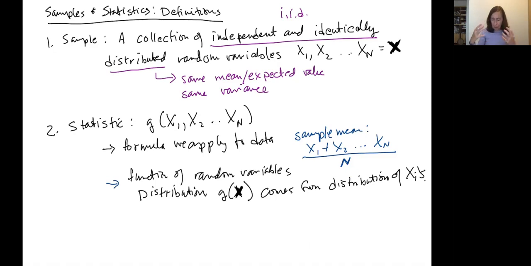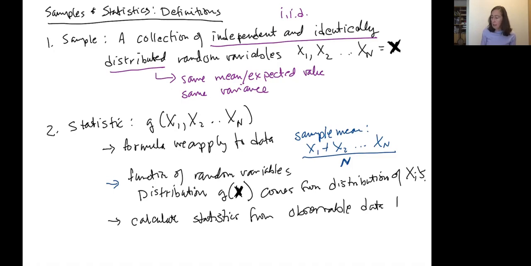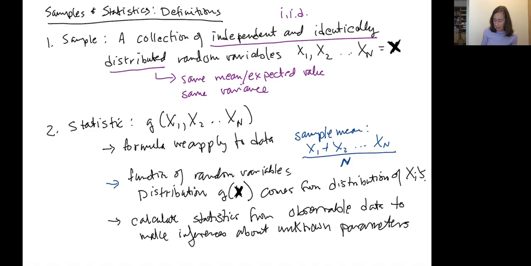And so this process lets us calculate statistics from observable data to make inferences about unknown parameters. Sometimes people will say quantities of interest. That's kind of the jargony phrase there.